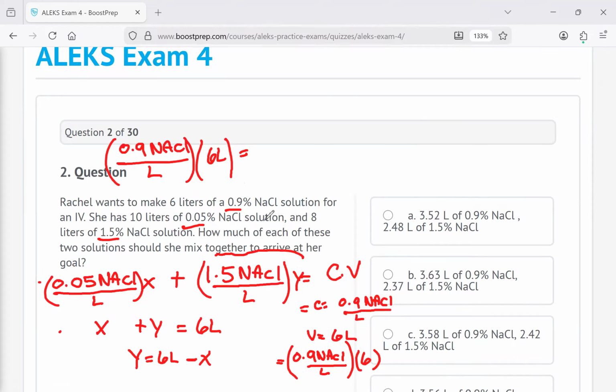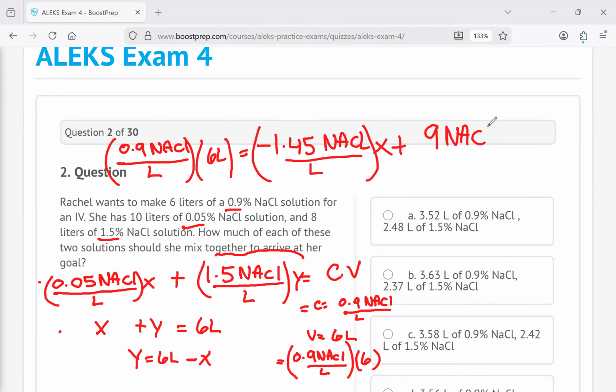I'm going to get negative 1.45 NaCl over L times x plus 9 NaCl. And then what I'm going to do is subtract the 9 NaCl on both sides.